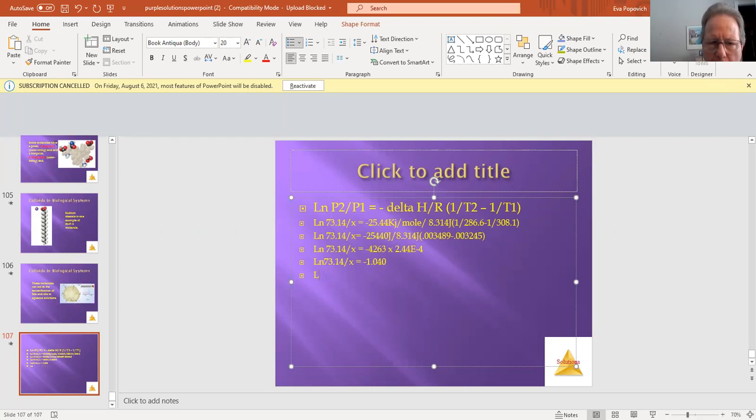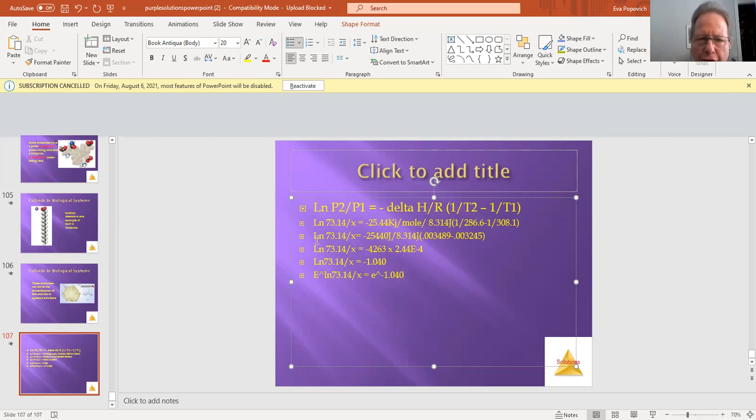What you have to do is take e raised to the power of the ln of 73.14 divided by x is equal to e raised to the power of a negative 1.040. Did everybody understand that? In order to get rid of logs, you have to do it this way.